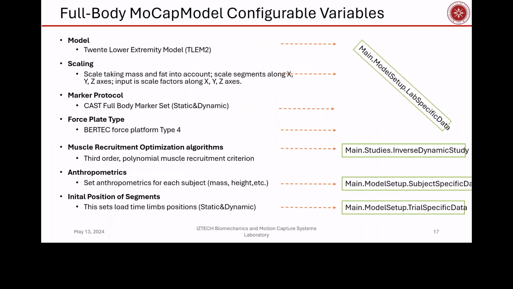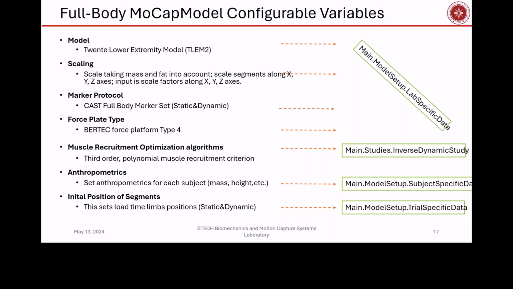As I mentioned in the previous slide, in this study we have used the full body MoCap model from the AnyBody model repository. Here are the measured configurable variables. Model: the Twente Lower Extremity Model is used. Scaling: there are several scaling methods in the AnyBody model repository.